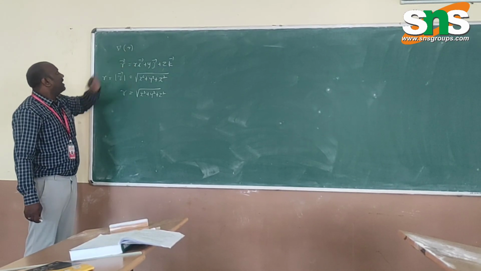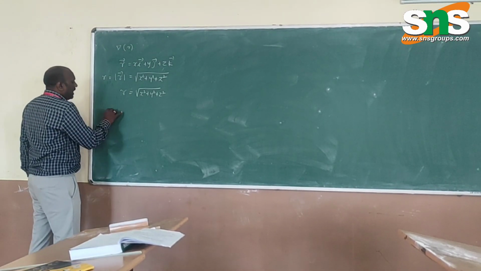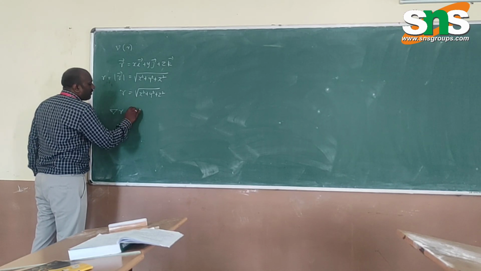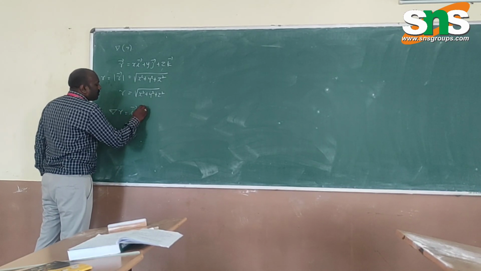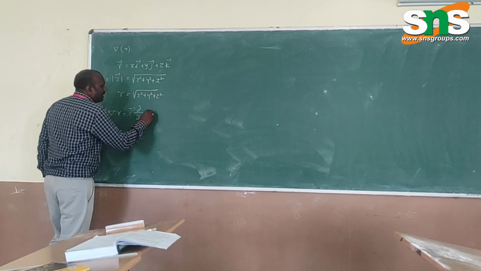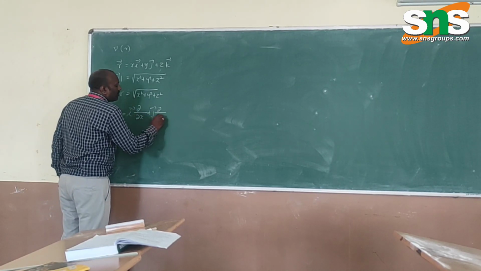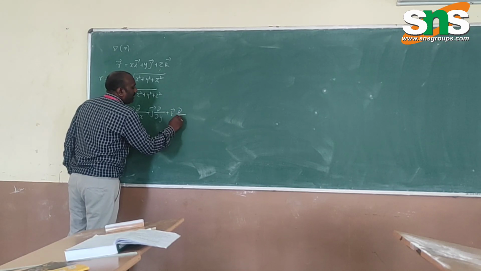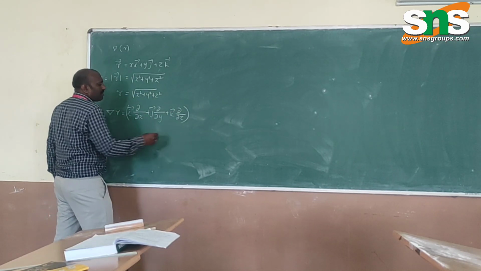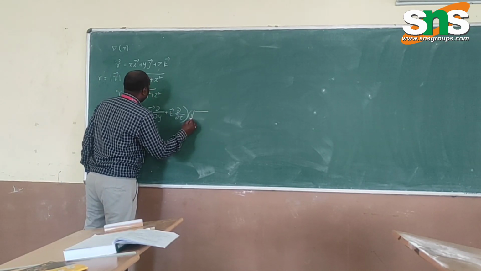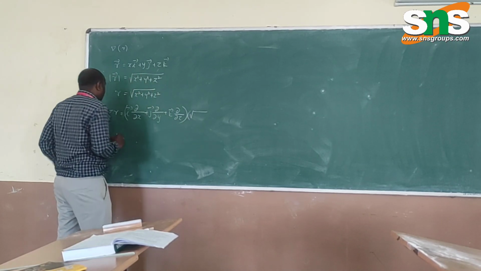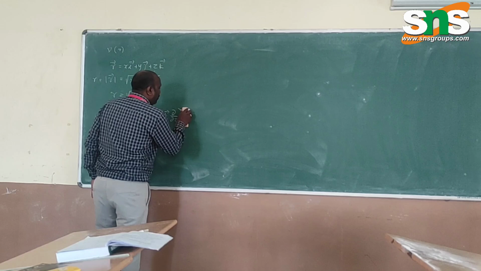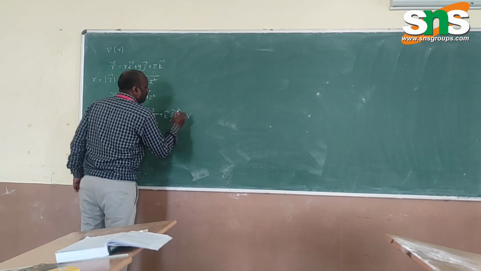Now we have to find the del r. So del into r. We know that the del operator is equal to i vector into dou by dou x plus j vector into dou by dou y plus k vector into dou by dou z, into r vector.